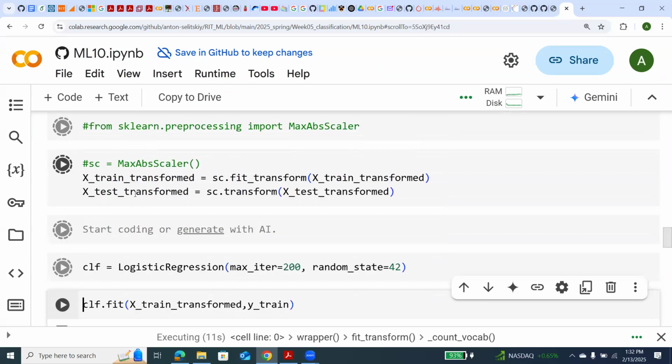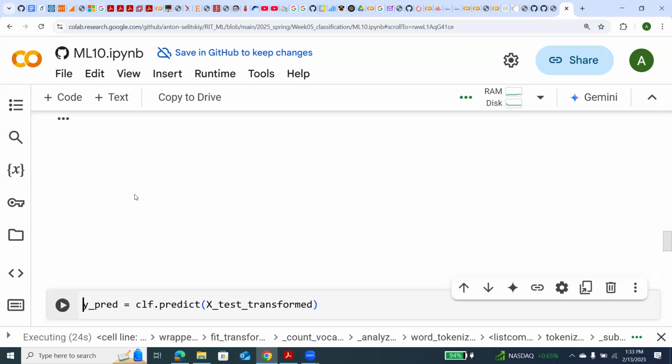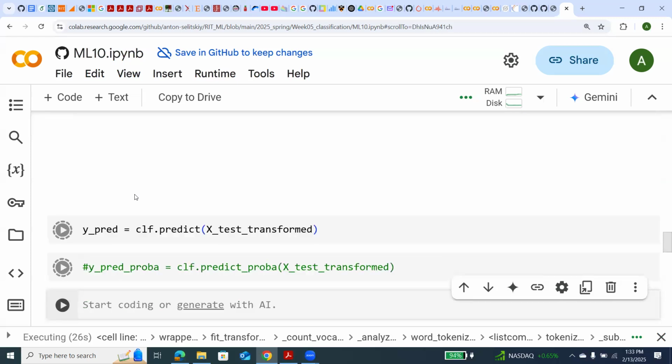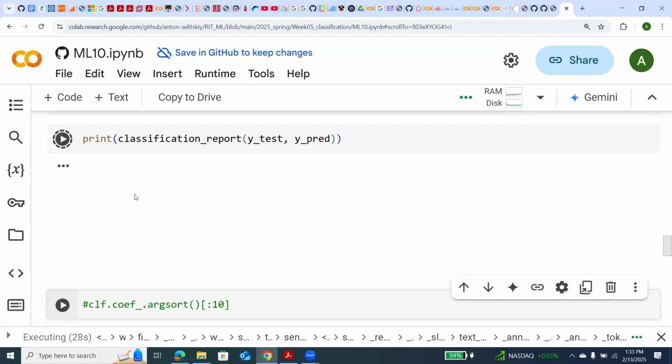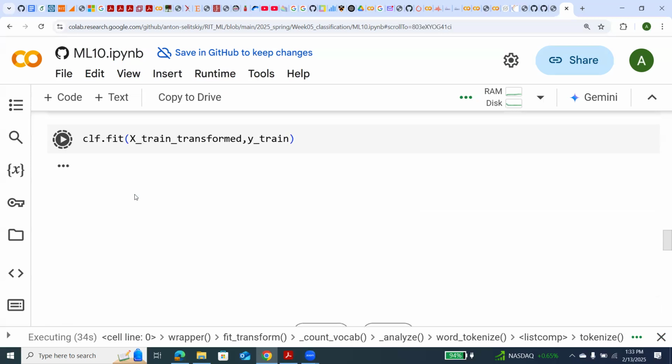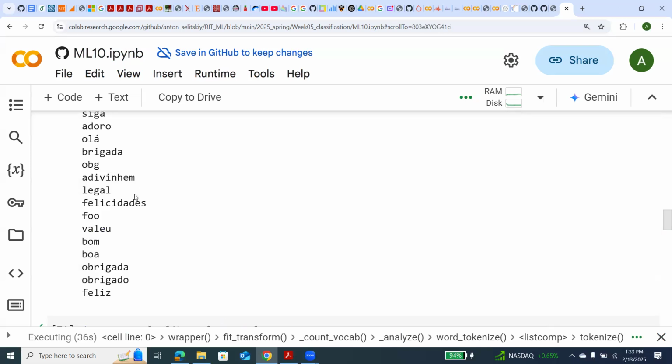It doesn't matter if you use standard scaler or min max scaler. It doesn't matter. So let's take a look at the metrics.